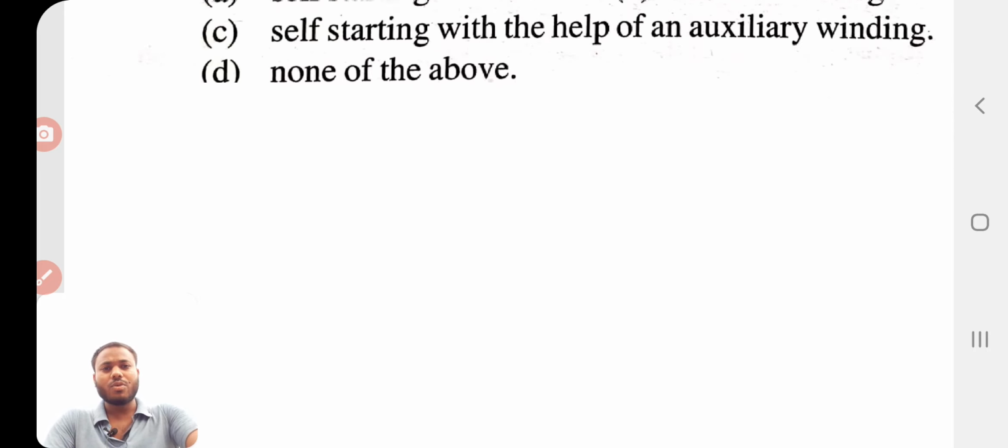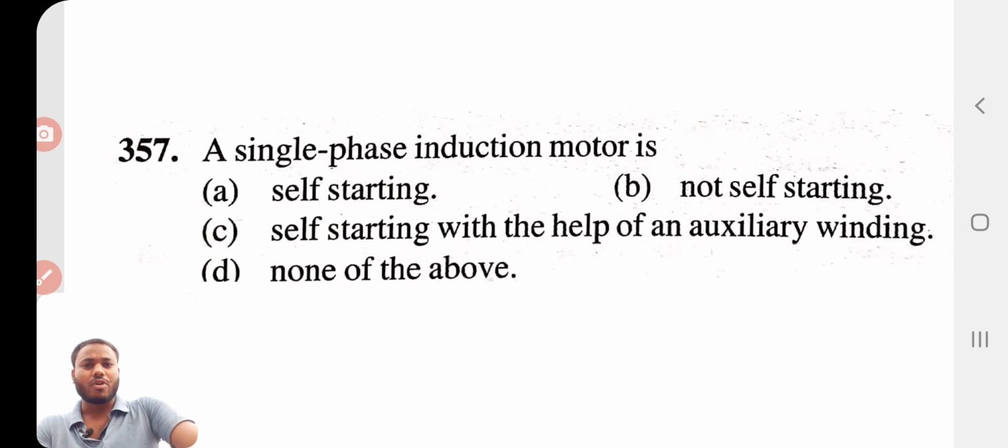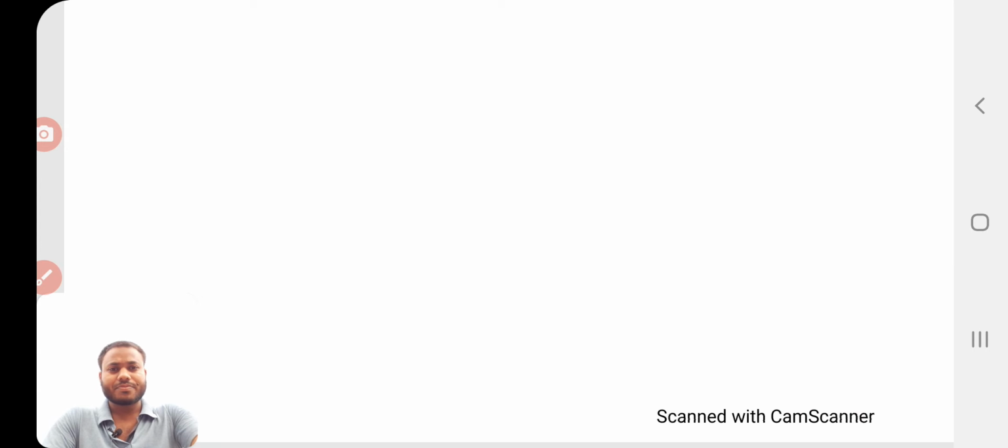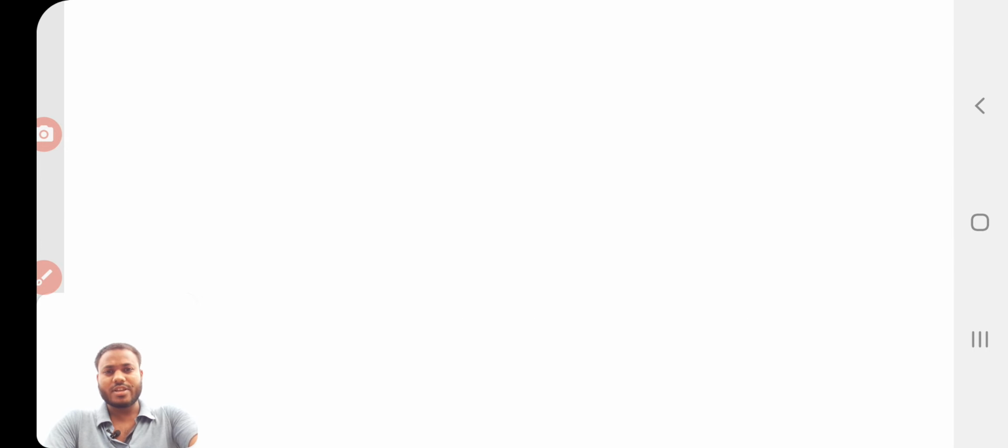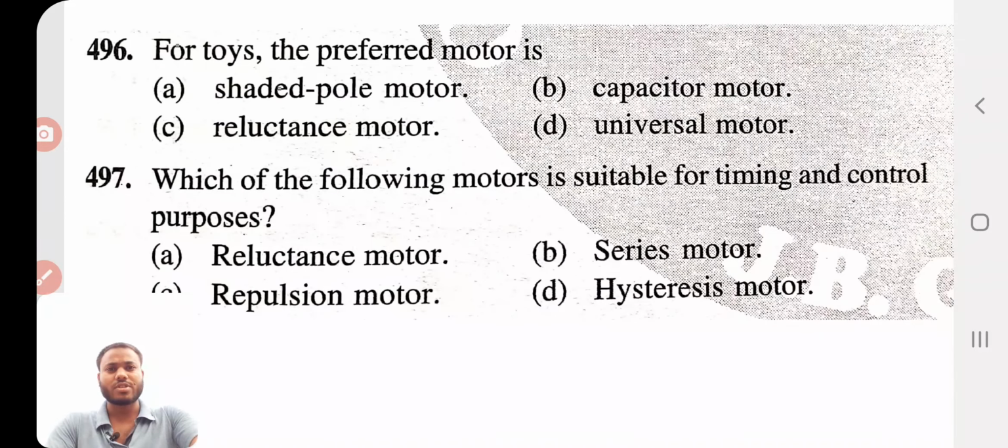I hope you understand this concept of the single phase induction motor. And you know, our ceiling fan is one kind of single phase induction motor. Next, proceed to the next question.